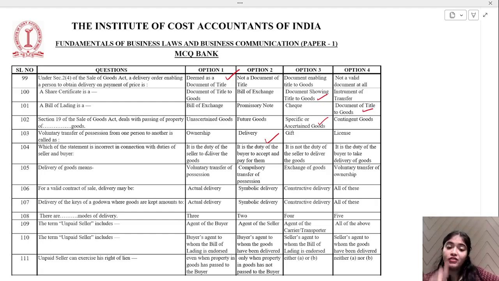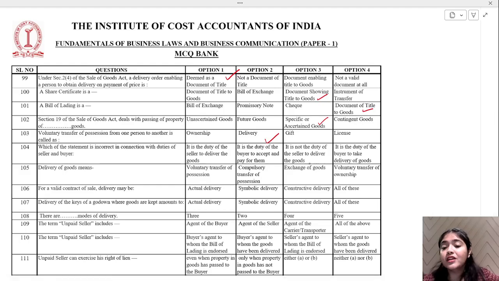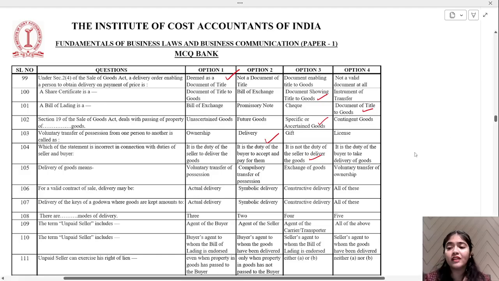See, the first one is duty of seller to deliver goods when they are asked to, so that's why it is correct. It is not the duty of the seller to deliver the goods is incorrect. Okay, not compulsorily, but basically the seller only will deliver the goods to you, no? You are ordering something from Amazon, Amazon only has to deliver to you, you won't go and get it, no?